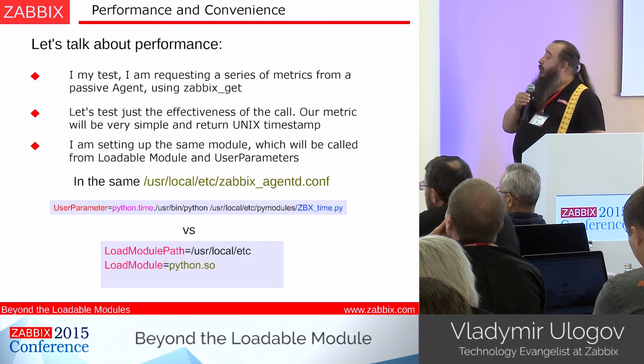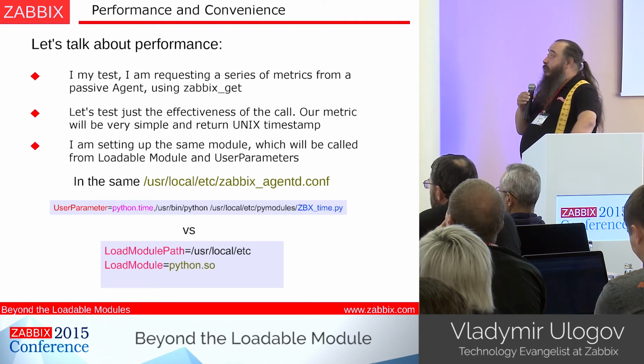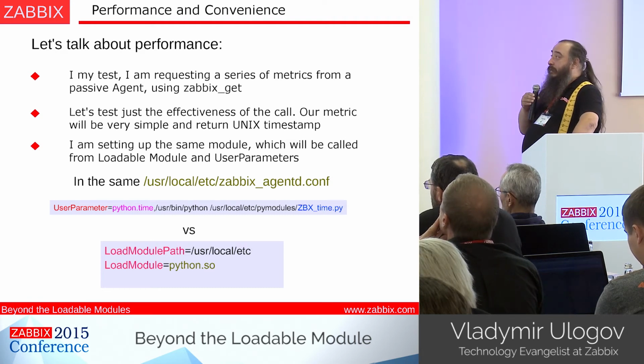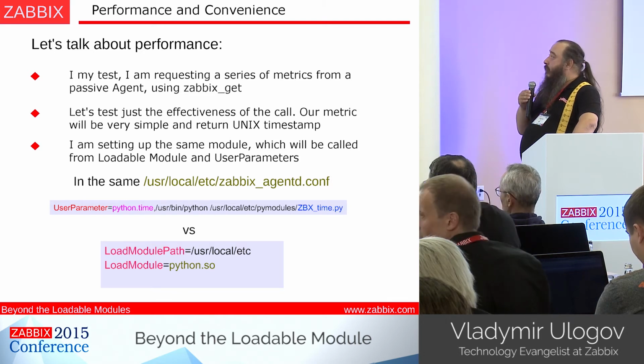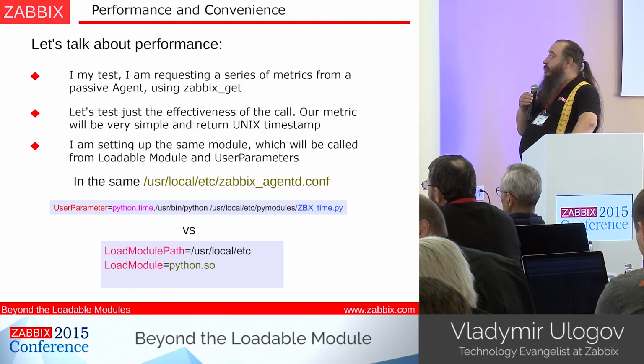And performance, let's talk a bit about this one. In my test, I'm just dumping a series of queries of the metrics from the passive agent using zabbix_get.